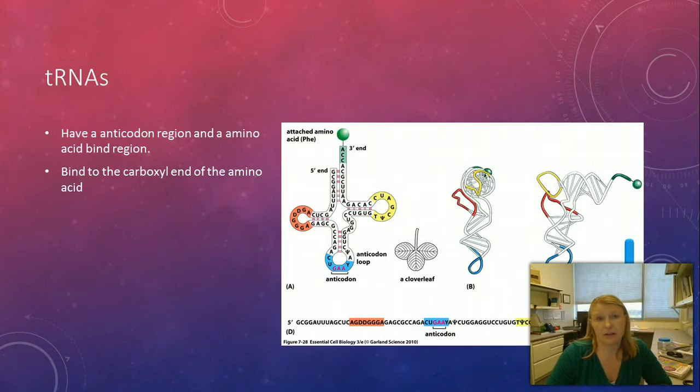The same thing's true for the other side of a specific tRNA, and that will always code for the same amino acid. And it actually is checked when these amino acids are attached to the tRNA. They're checked for their anticodon to make sure that there isn't a mistake. So this is just as specific as we talk about any other enzyme or antibody or any of those proteins. tRNAs are very specific for their amino acids.